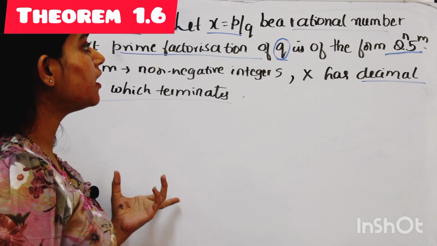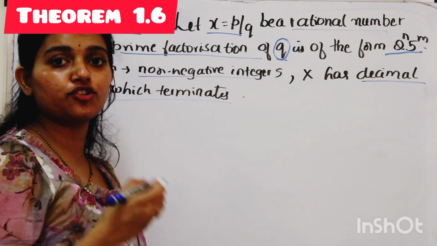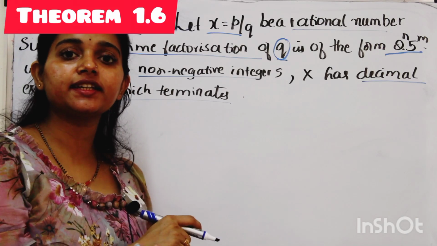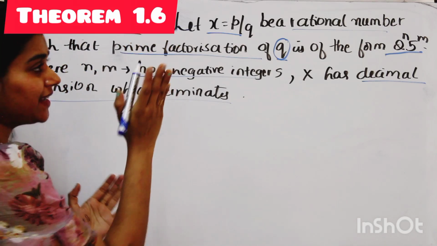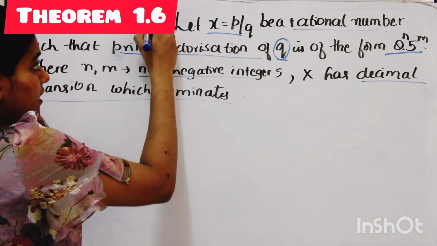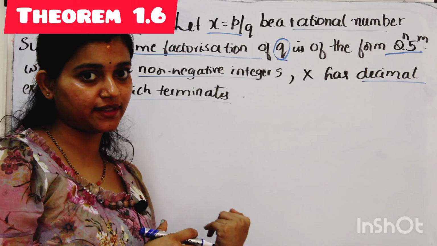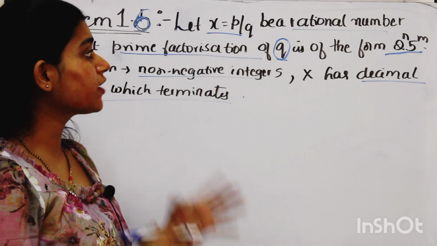Here n and m are non-negative integers. Non-negative integers means 0, 1, 2, 3 and so on. So last time we learnt 1.5, so this is similar to the earlier theorem, and 1.6 is this one, okay.